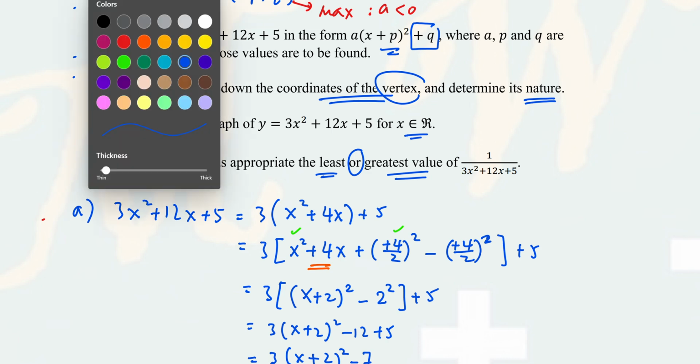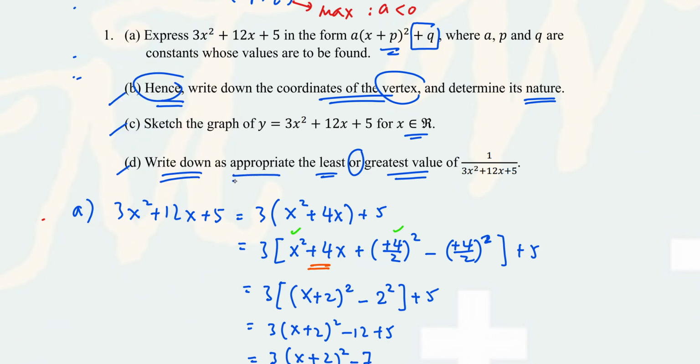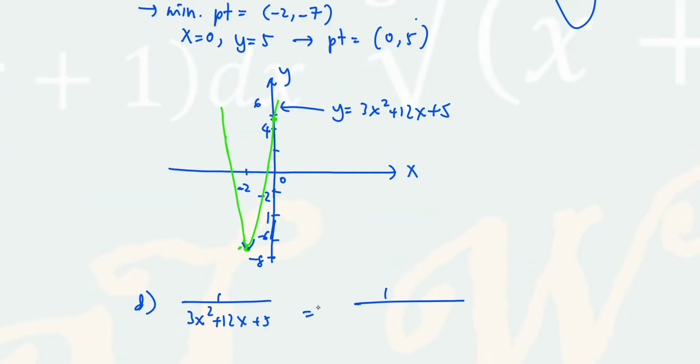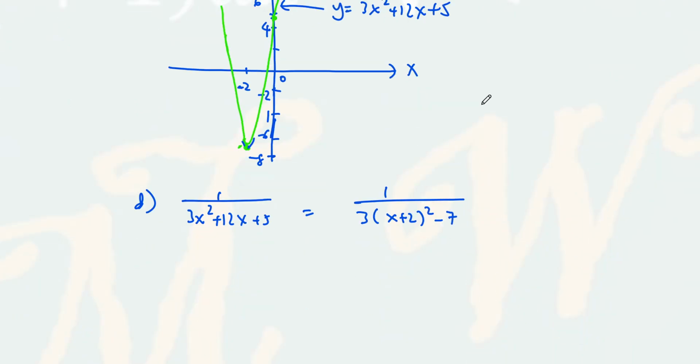Now D writes down as appropriate the least or greatest value of the reciprocal function. So 1 over 3x squared plus 12x plus 5. Since we have found the completed square form, I will just write 3 times x plus 2 squared minus 7. Okay, so initially the quadratic function has a minimum point.